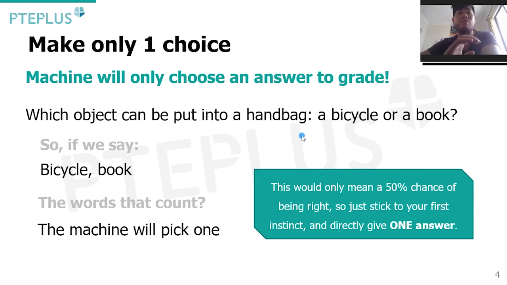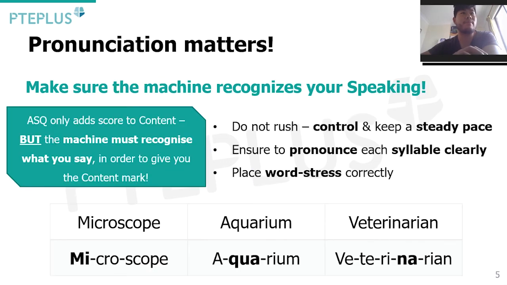That's not the case, because if we say both, then the machine will just pick one at random. It's not going to pick the right one all the time, it's just going to have a 50-50 chance of picking one of them. So that would mean only a 50% chance of being right. So just stick to your first instinct and directly give one answer clearly.